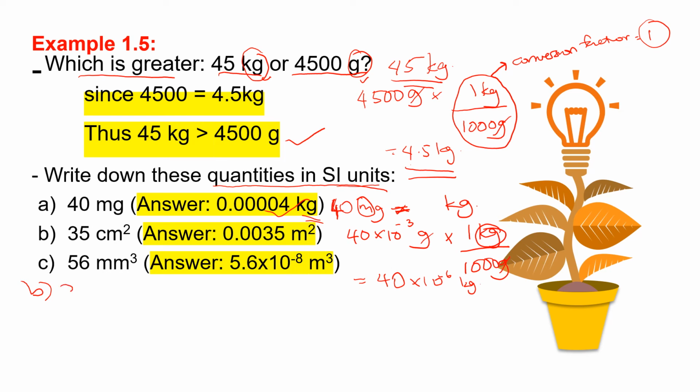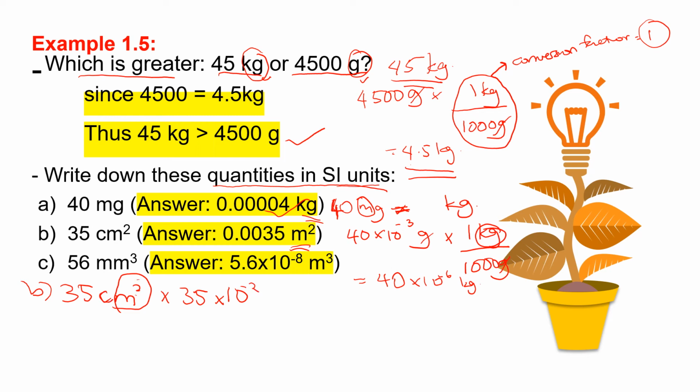So contoh kat sini kita ada 35 cm square. Bila kita nak convert dia kepada meter, SI unit dia adalah meter square. Kat sini kena berhati-hati sebab kita tahu 35 darab dengan 10. Senti adalah 10 kuasa negatif 2.